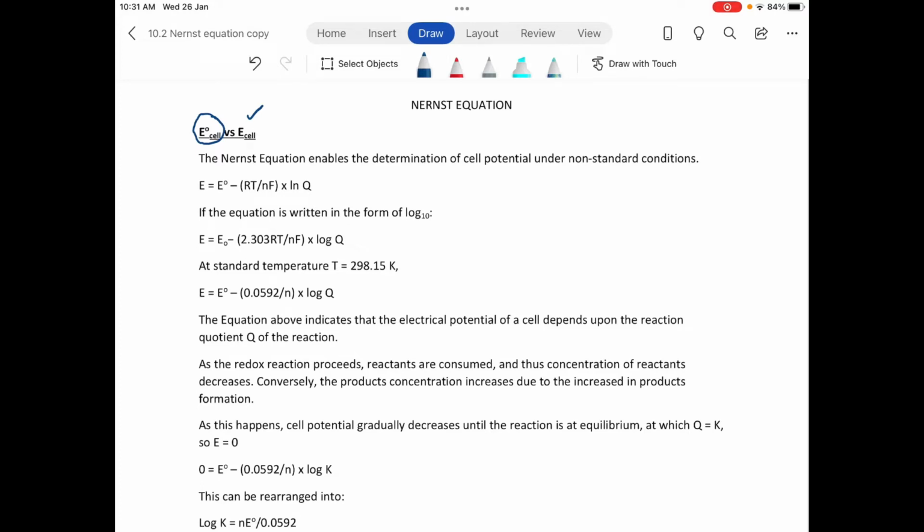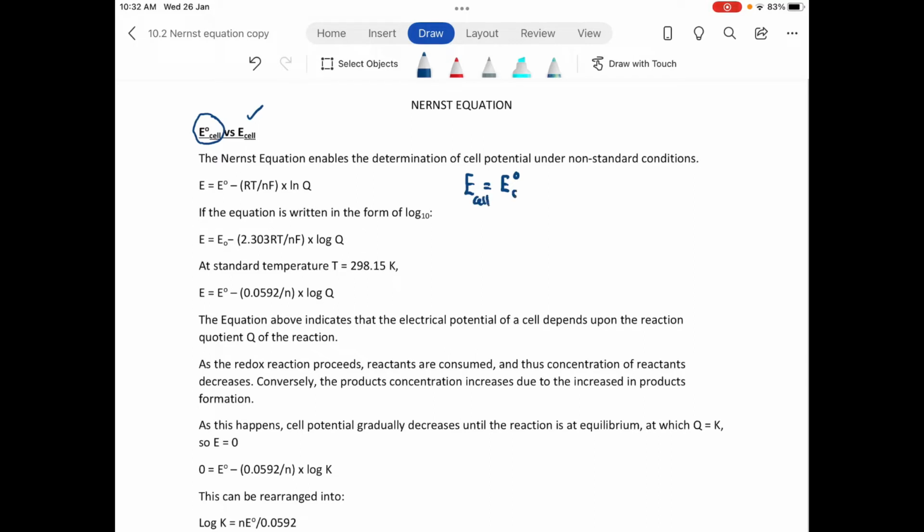When the scientist Nernst made an experiment where the cell was constructed at non-standard condition, he found out that the voltage reading can be calculated using this formula: E equals E naught minus RT over NF ln Q. If we write it down in normal form, it will look more or less like this.